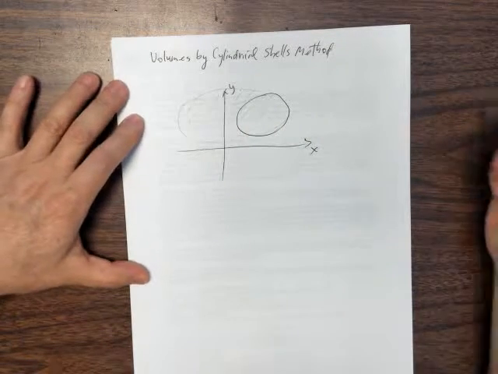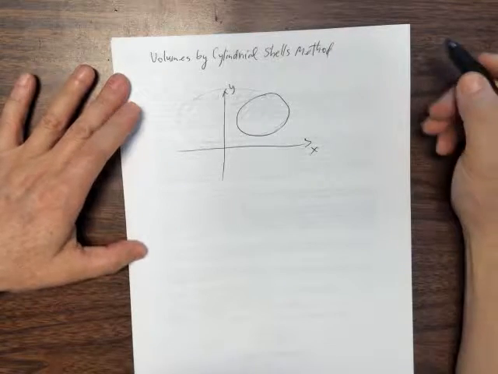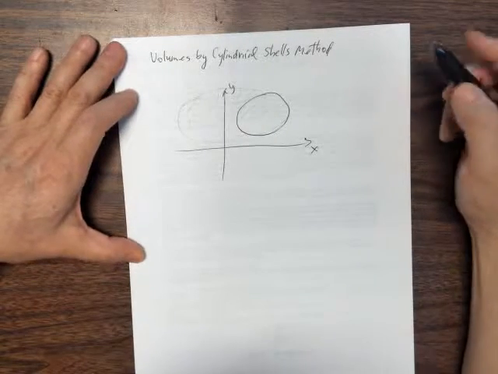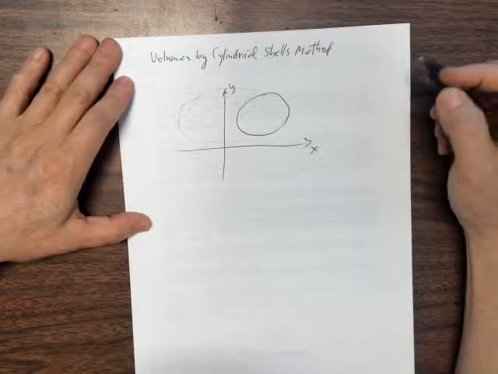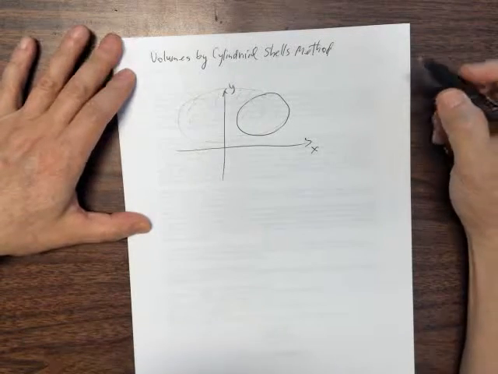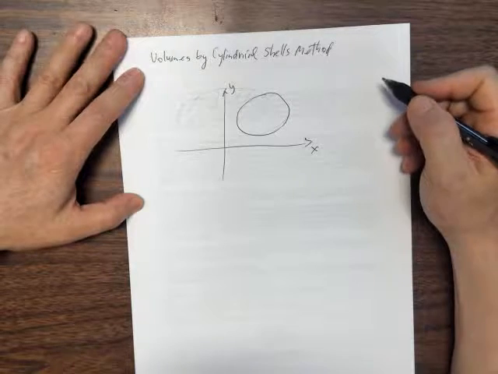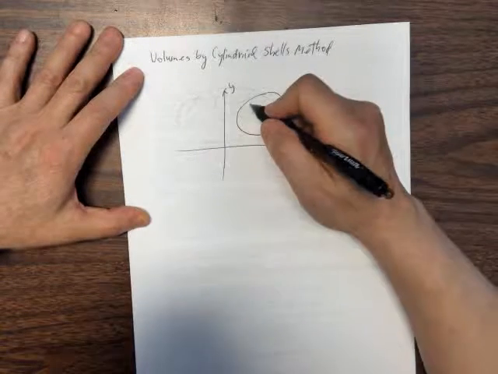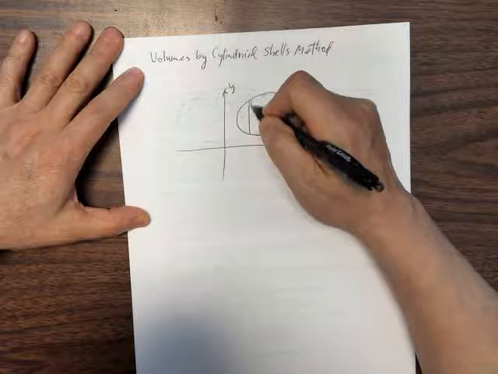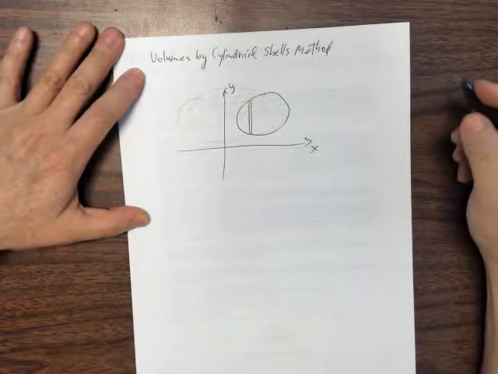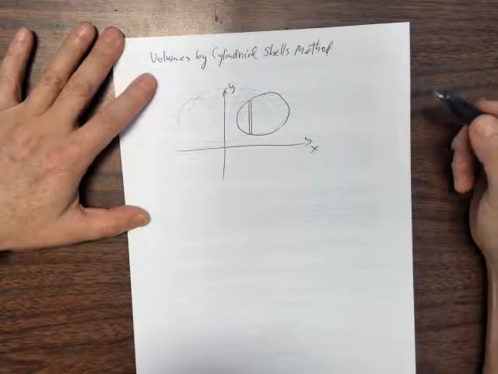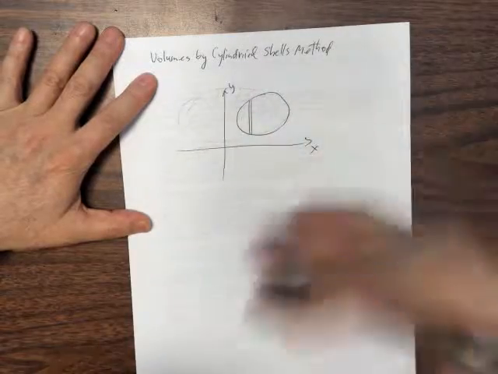Now, just like how we apply the washer method and the disk method to come up with a definite integral for the volume of those solids, this time we'll instead pick up a strip first, not the whole region, to start out.